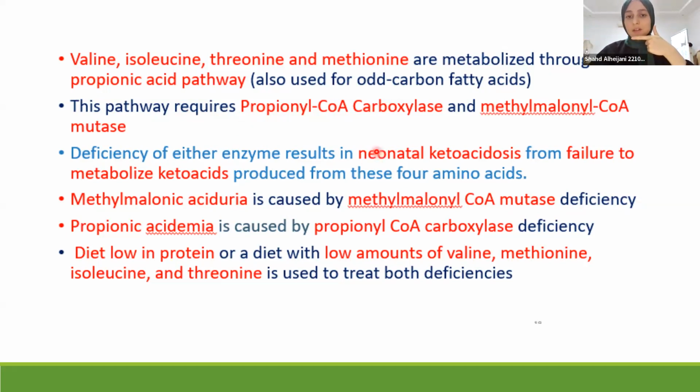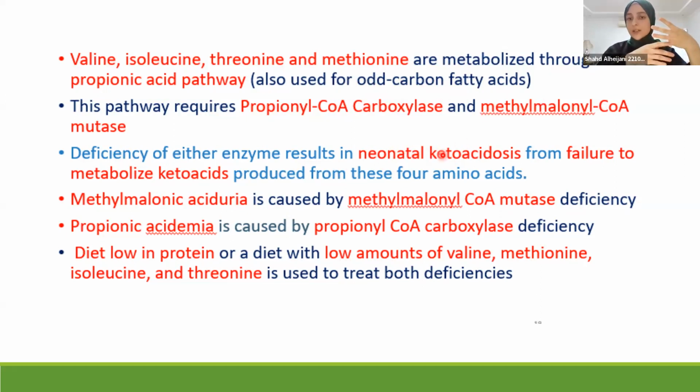Those are relatively easy to remember because they're related to the names of the defects themselves. You have methylmalonic aciduria related to methylmalonyl-CoA mutase, and propionic acidemia related to propionyl-CoA carboxylase. We're going to go over the pathway in a bit. But for now, the failure of metabolizing the keto acids due to deficiency in those enzymes would cause neonatal ketoacidosis.